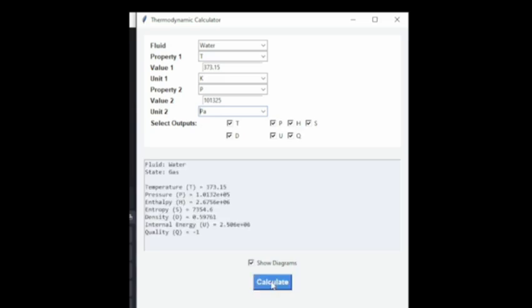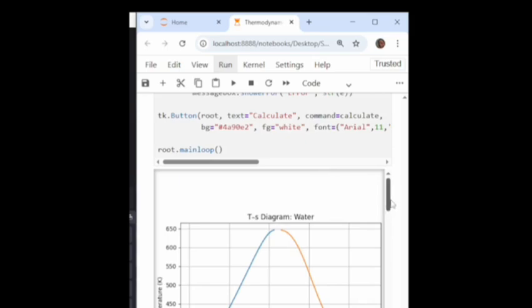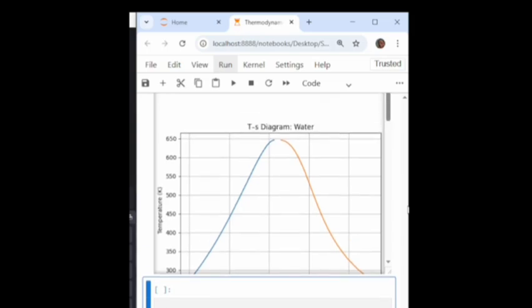Yes, so it has told us that our fluid is water, and at that state it's a gas. So that means it's a gas in this state. Let's show the graphs. I want to show you how the graphs look. Yes, so these are our graphs.